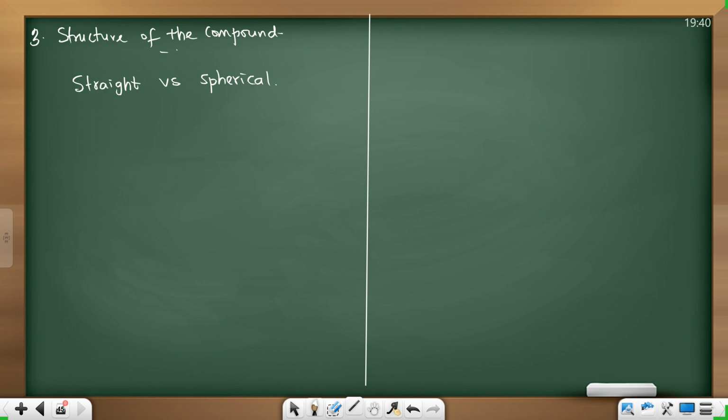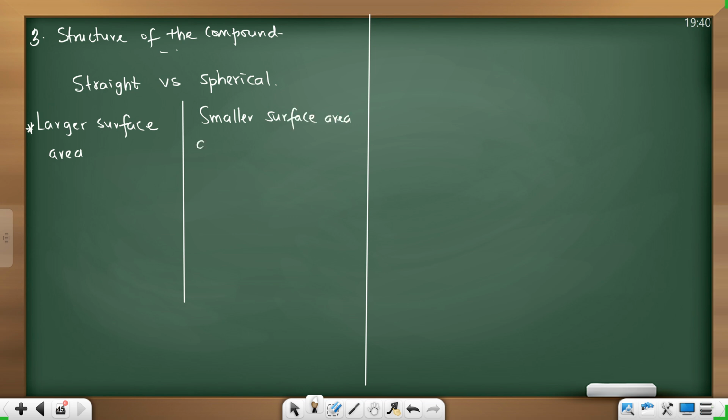Now, when we talk about a straight chain, let me divide this. Here we're going to have what? A larger surface area. Those are the keywords. A larger surface area. Here, a smaller surface area. Due to what?